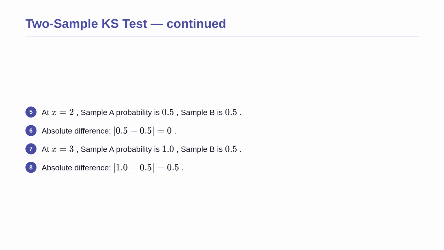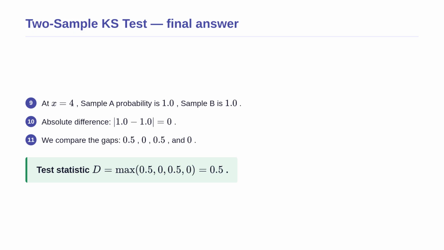Sample B still only has 1 point, staying at 0.5. We subtract these and the gap opens up again to a size of 0.5. Finally, at the value 4, both samples have accounted for all their data points. Both empirical step functions reach their maximum height of 1.0. The distance between them here is 0.